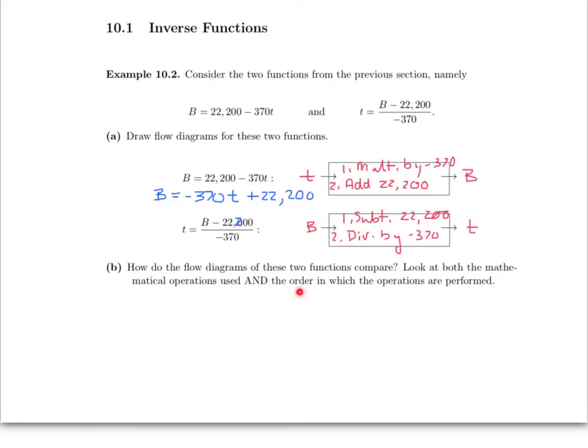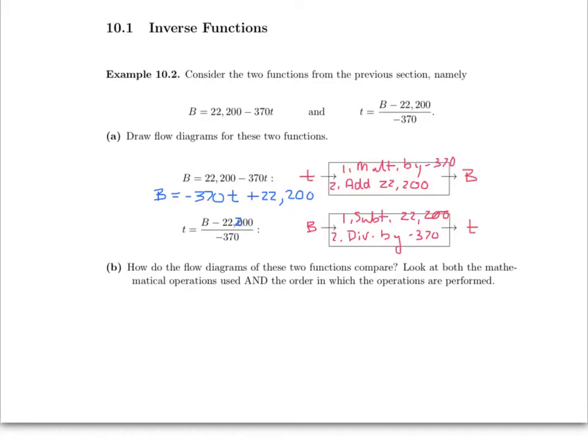Now let's look at the order in which the operations are performed. Notice that multiplying by negative 370 was the very first step in this function, but it was the very last step in this function. Dividing by negative 370 was the very last thing that was done. Similarly, adding 22,200 was the last step performed in this function, yet subtracting 22,200 was the very first step performed in this function.